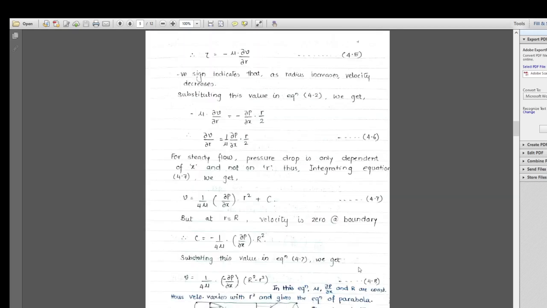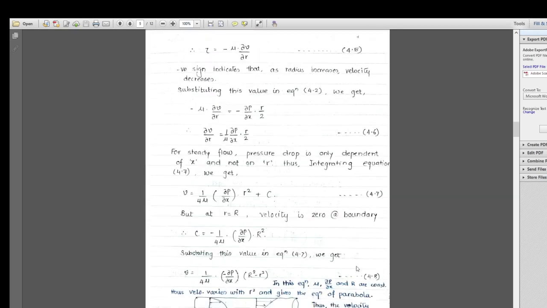Now we will see the velocity distribution. What will be the velocity distribution?